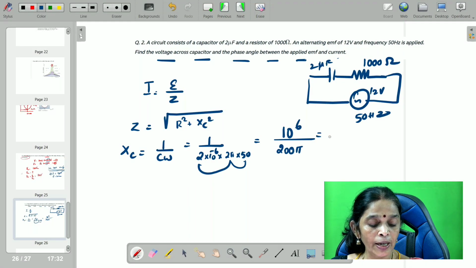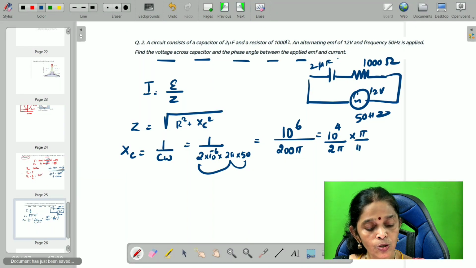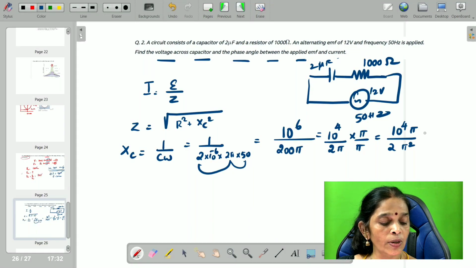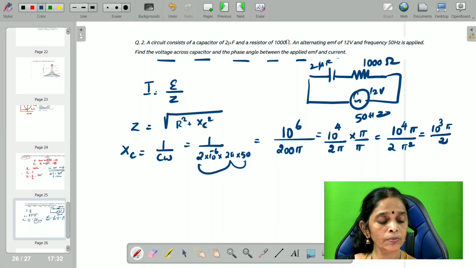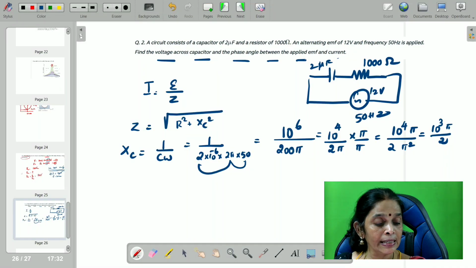So this is becoming 10 power 4 divided by 2 pi. Multiply and divide by pi. So that will be equal to 10 power 4 pi divided by 2 into pi square. Pi square is 10. So 10 power 3 pi divided by 2, that is equal to XC. Let it be as such, ohms.